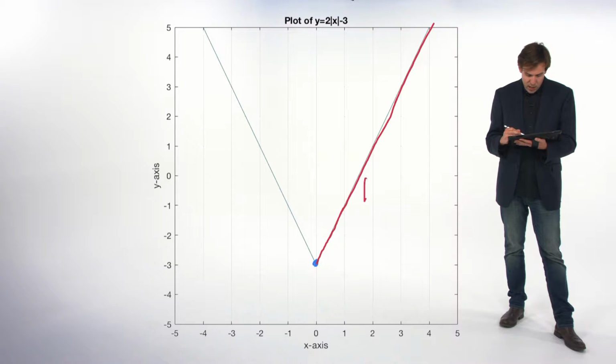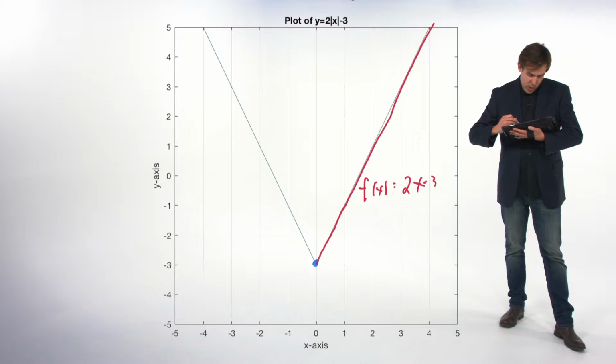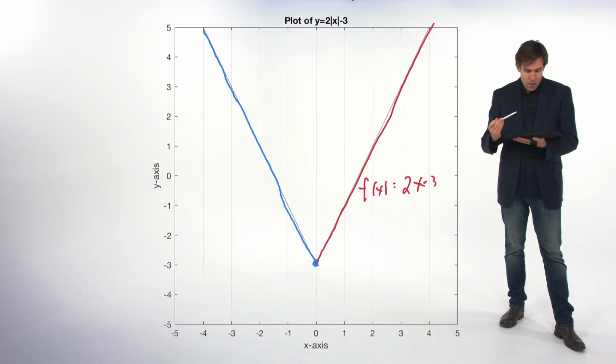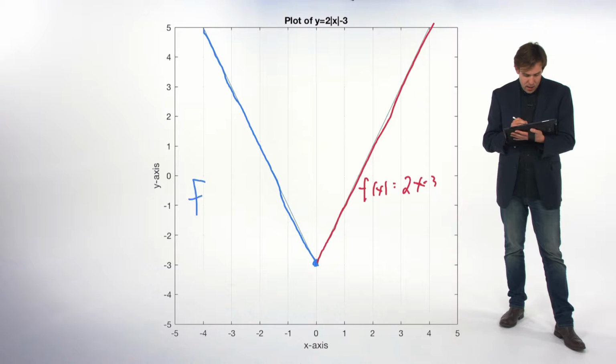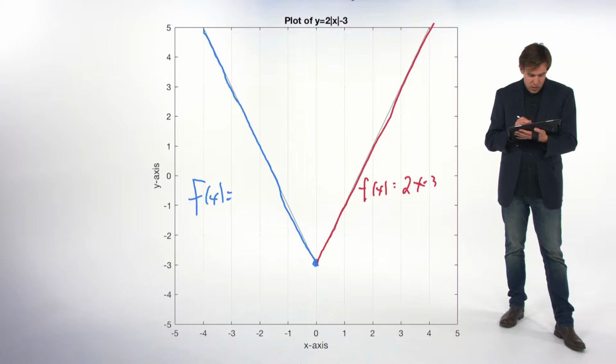So this is like f of x equals 2x minus 3. Now on the other side, the slope has changed from having slope negative 1 to having slope negative 2. So this is like f of x equals negative 2x minus 3.